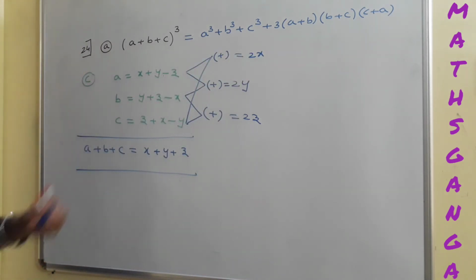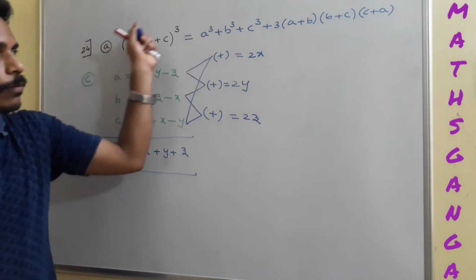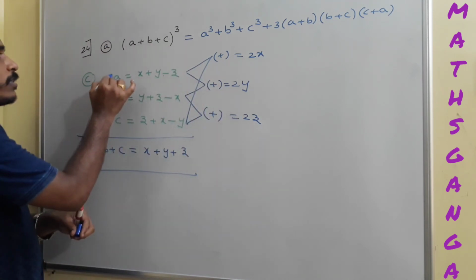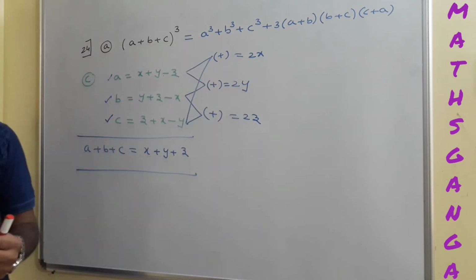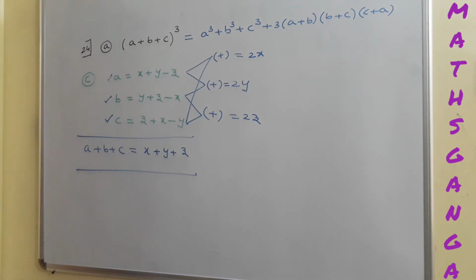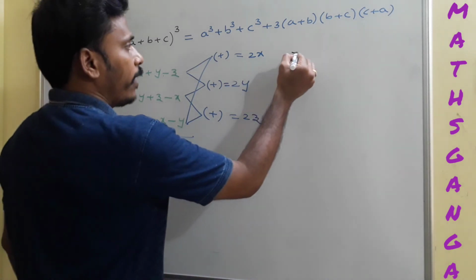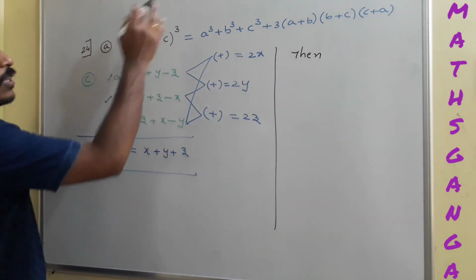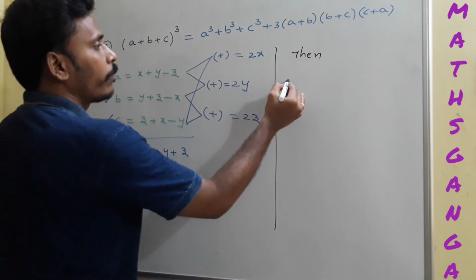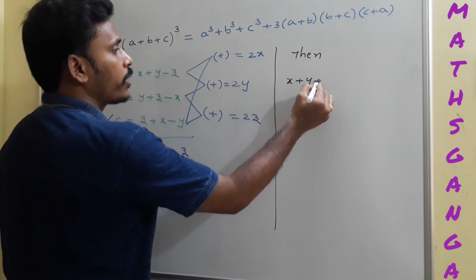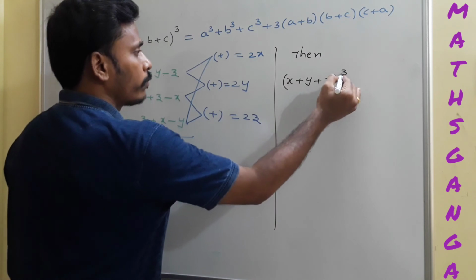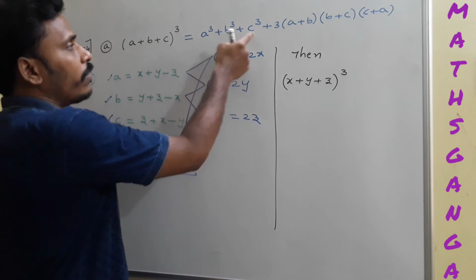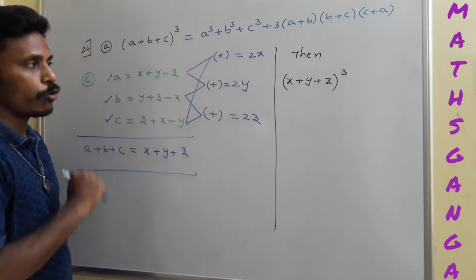Just observe it. I am going to replace that formula, A plus B plus C whole cube, in terms of X, Y and Z with these replacements like A, B, C. Then I have A plus B, B plus C, C plus A along with A plus B plus C. Then if I replace all these items in the given expression, I will get X plus Y plus Z whole cube. X plus Y plus Z whole cube means A plus B plus C whole cube. If you send these three to that side, minus A cube minus B cube minus C cube, right?